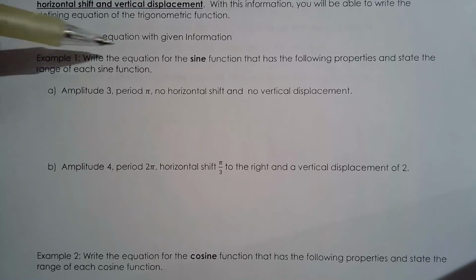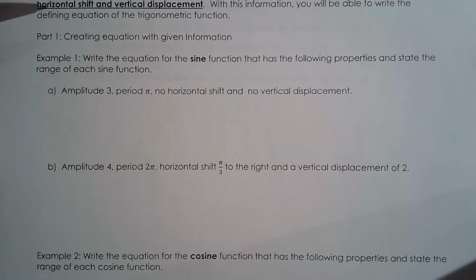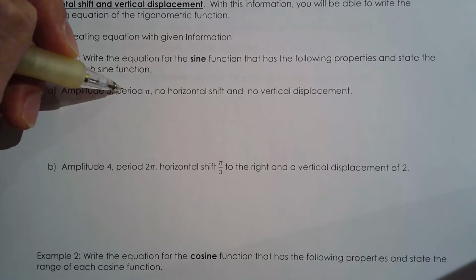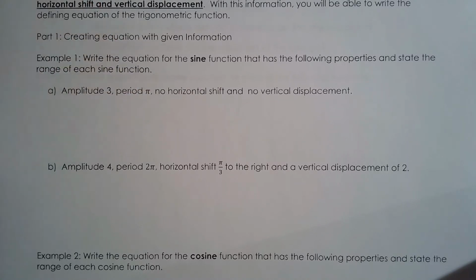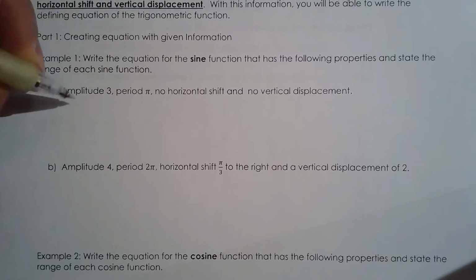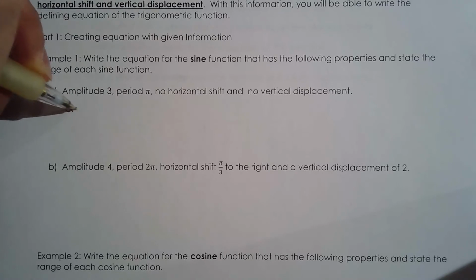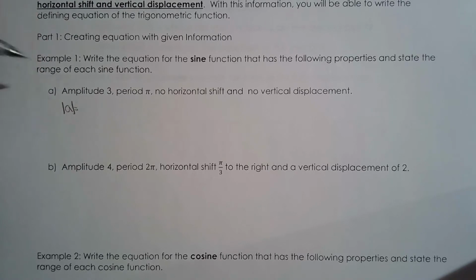All right, so write the equation for the sine function that has the following properties and state the range of each sine function. Okay, so the amplitude is 3, the period is pi, no horizontal shift or vertical shift. So that's basically saying the magnitude of A is equal to 3.